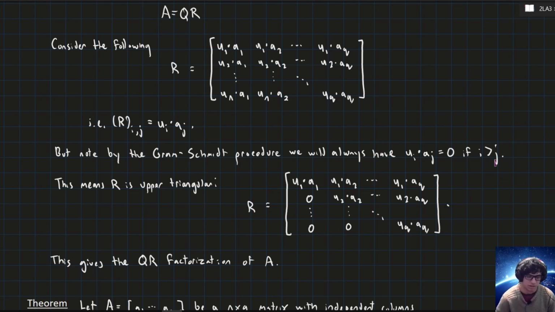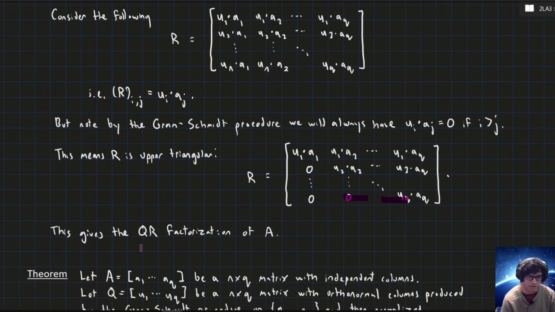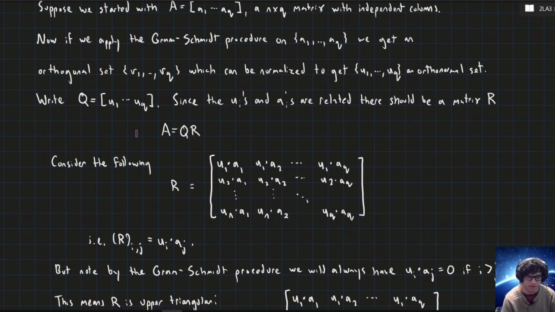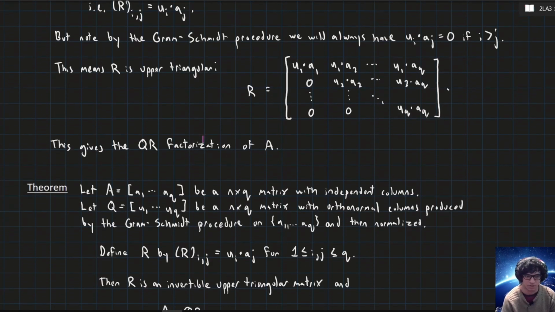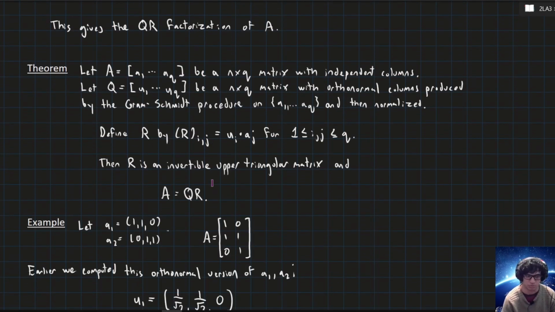The consequence for our matrix R is that it's going to be upper triangular. You're going to get zeros everywhere below the main diagonal, like this. And this R is going to complete our factorization. A equals QR is going to be true.